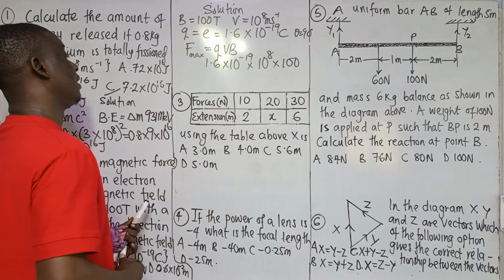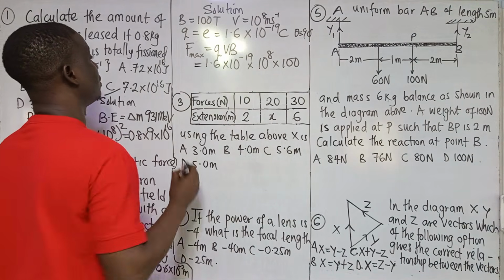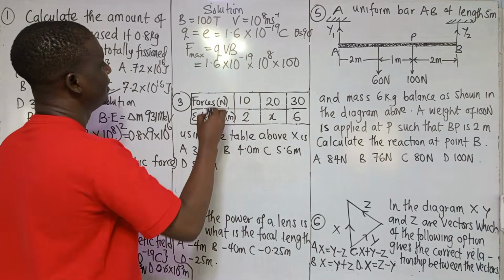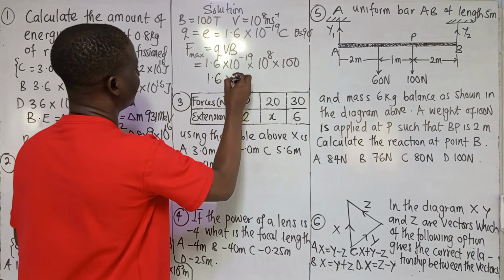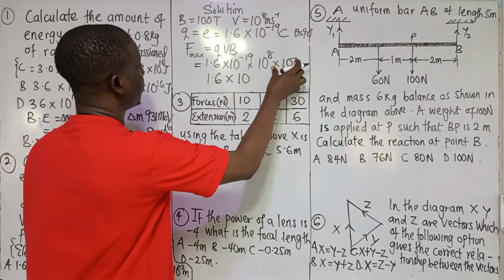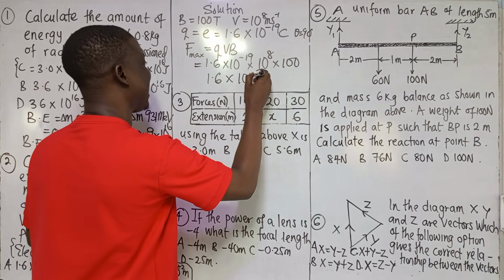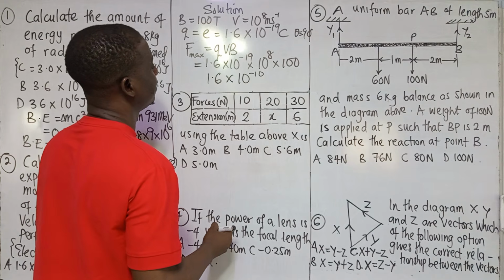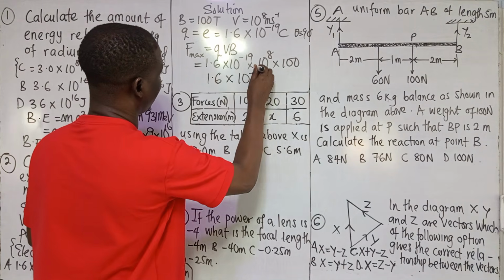Our final answer becomes: 100 times 10 power 8 is 10 power 10. That is 1.6 times 10 power minus 19 plus 10, which is minus 9.